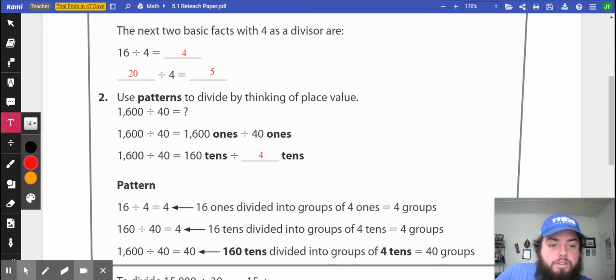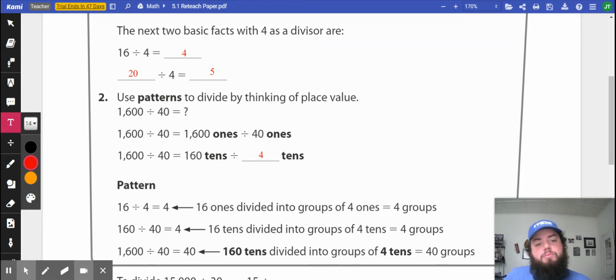So our answer from our basic fact, 16 divided by 4, got a 0 added to the end of it. So 160 tens divided into groups of 4 tens equals 40 groups of those 4 tens.